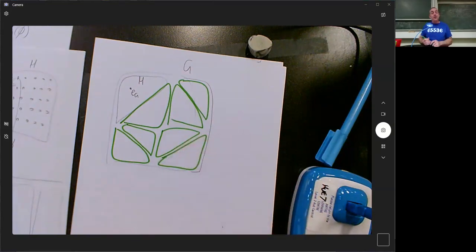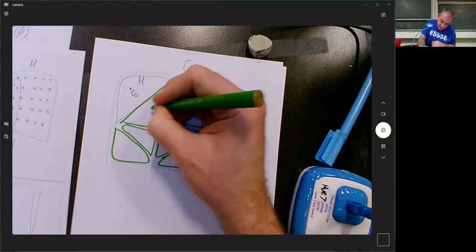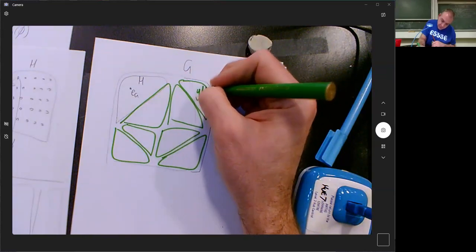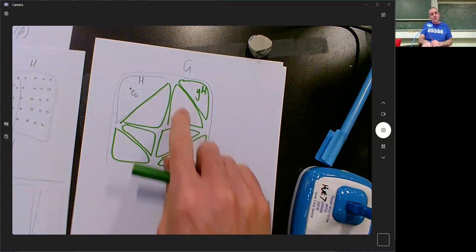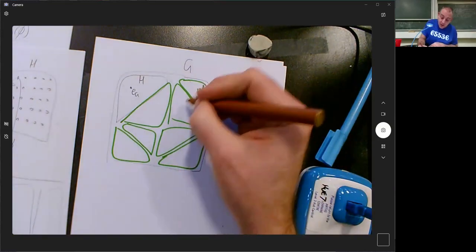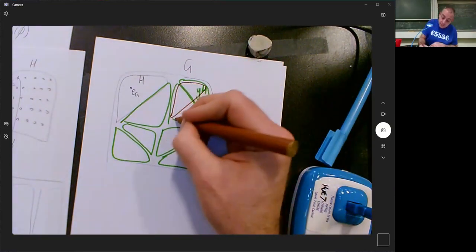I make all these left cosets, but if I do the right cosets and multiply on the other side, so this one's going to be like G times H, and this would be some other G times H, and this would be some other G times H, and this would be some other G times H. It could be that if I multiply on the right-hand side, I get something else entirely.